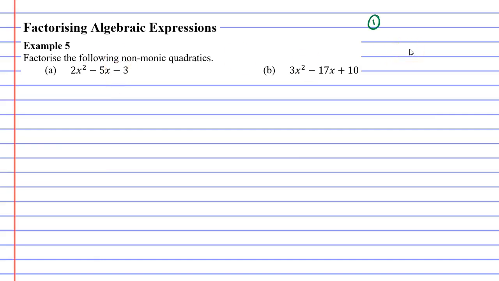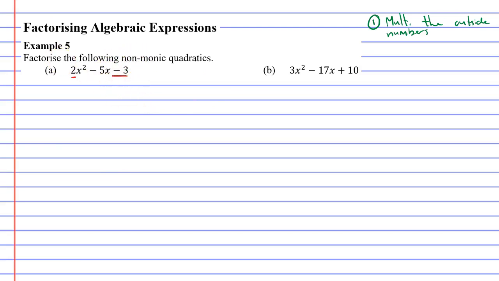So the very first thing we're going to do is multiply the, let's call them the outside numbers. Let's see what I mean by that in question A. The outside numbers are the 2 on the far left and the -3 to the far right. Very important that we take note of that minus sign there.